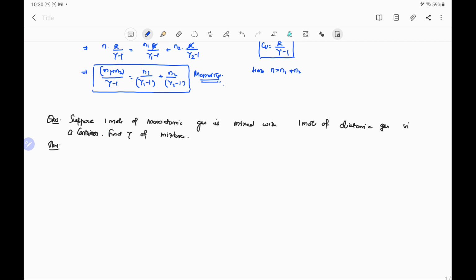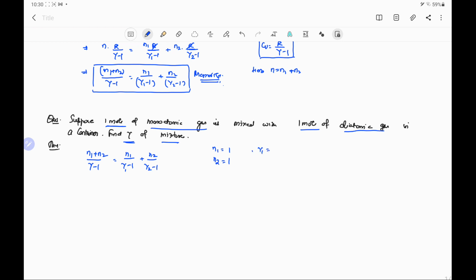Let's take one of the problems. Suppose 1 mole of a monoatomic gas is mixed with 1 mole of a diatomic gas in a container. Find the gamma of the mixture. We have to use the formula which we have derived, (N1 + N2)/(gamma - 1) equal to N1/(gamma1 - 1) plus N2/(gamma2 - 1). Here N1, the number of moles of the first gas, the monoatomic gas, is 1, and for the diatomic gas the number of moles is also 1.